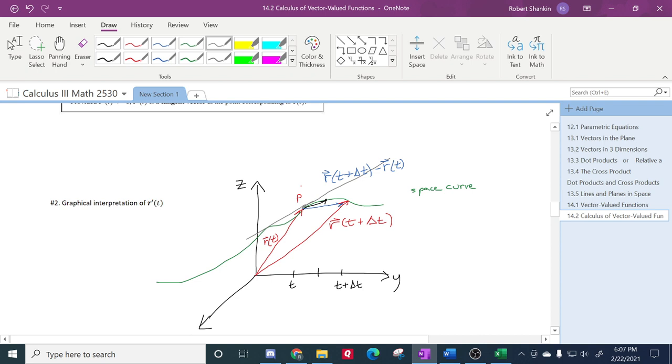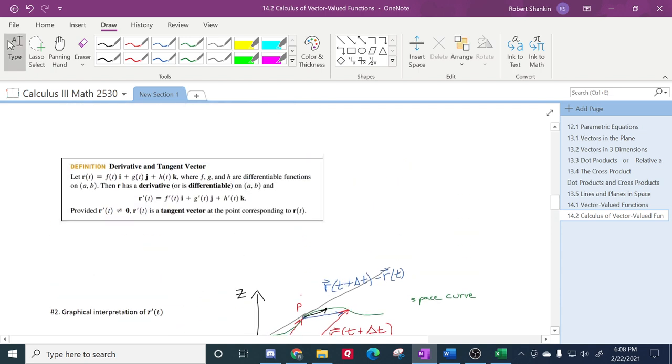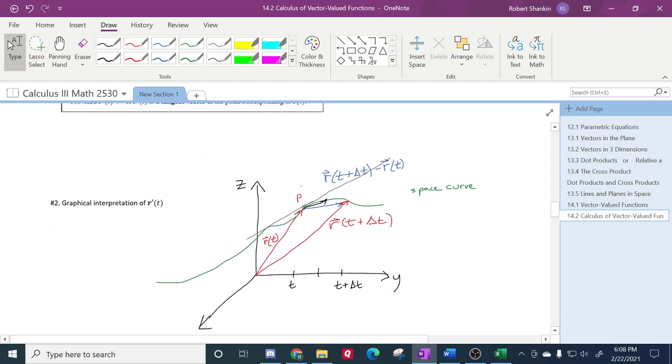And the blue vector going to the black vector, as we move even closer, we're going to get closer and closer toward this gray tangent line. And it's going to be then the tangent vector. r'(t) is going to point in the direction that we are moving, the instantaneous direction that we're moving on the space curve.